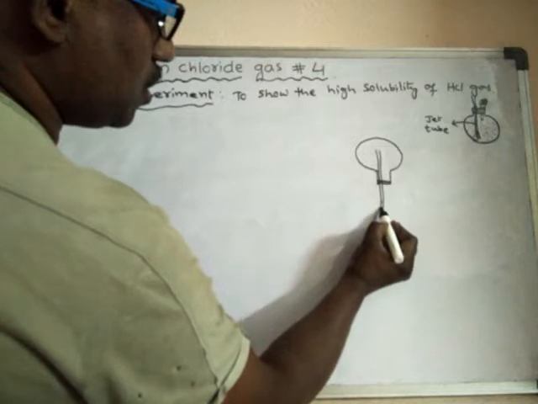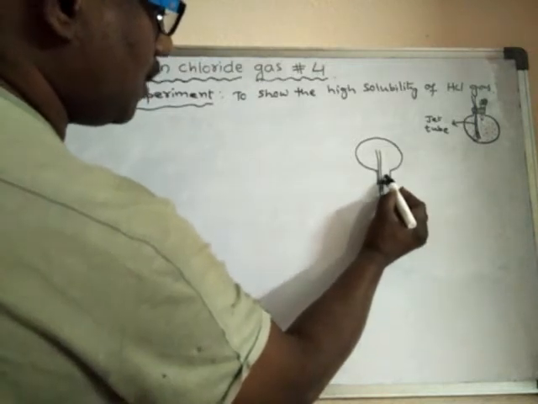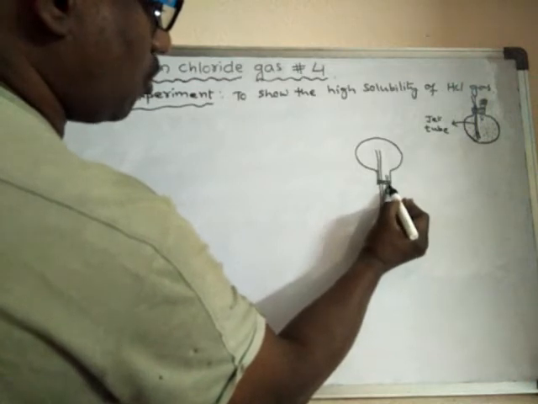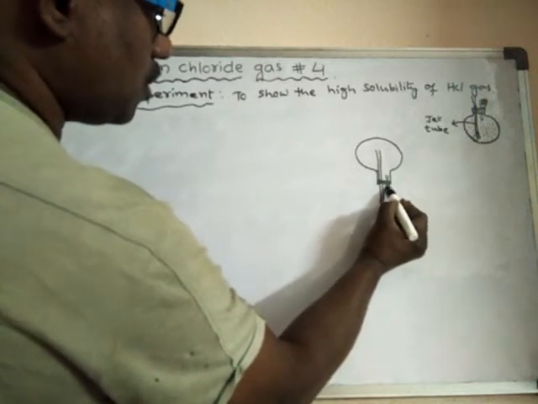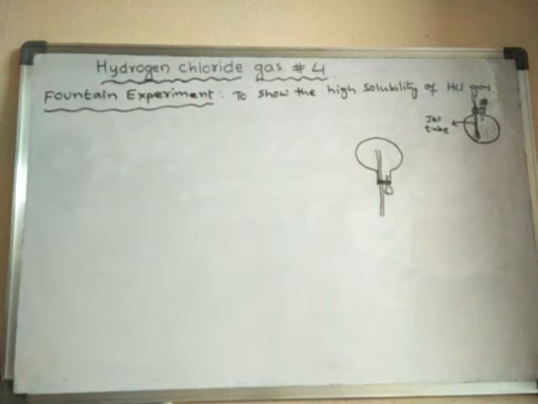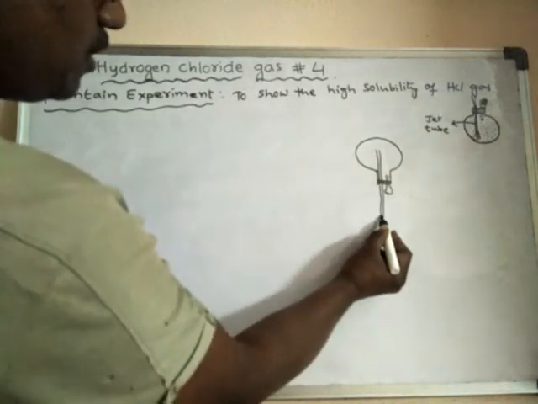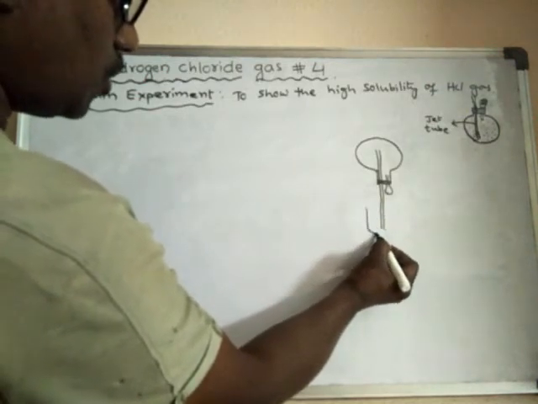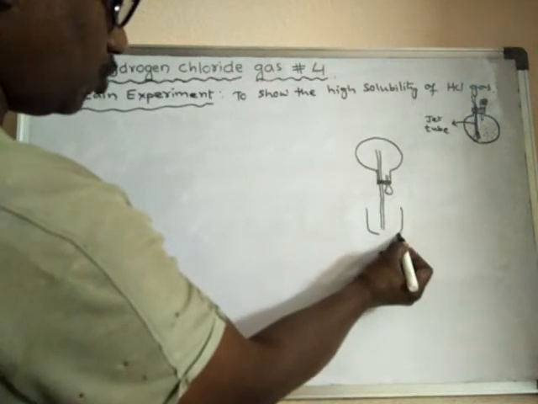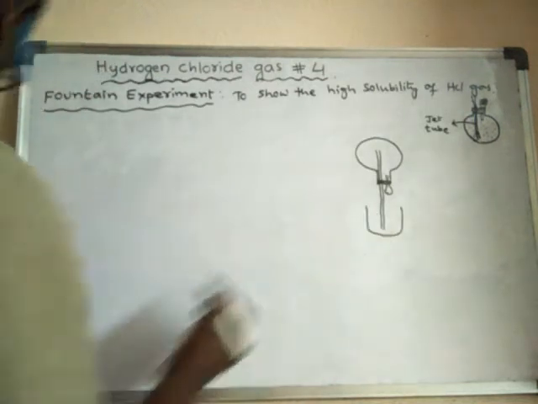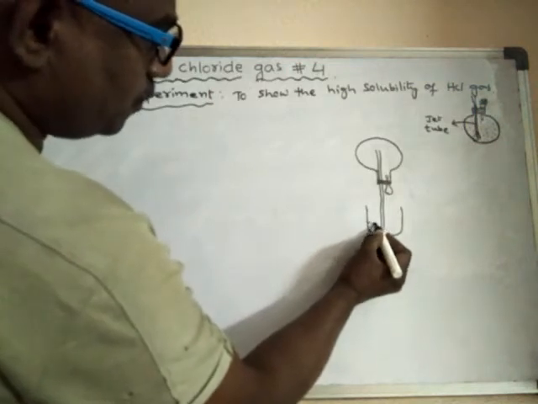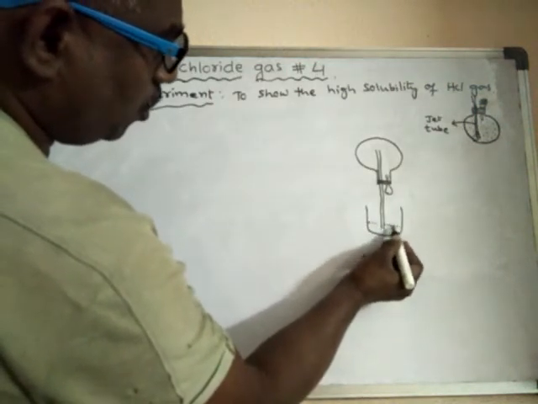Another hole is having a dropper. The other end of the jet tube is introduced into a blue litmus solution.